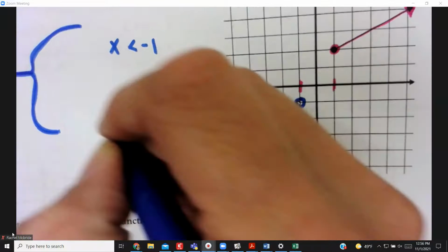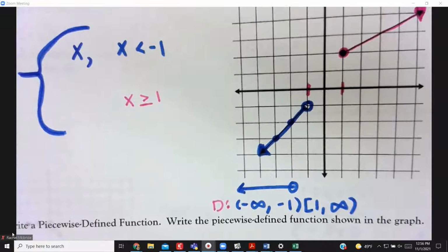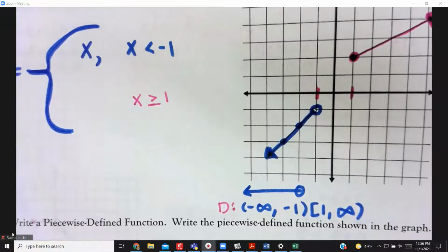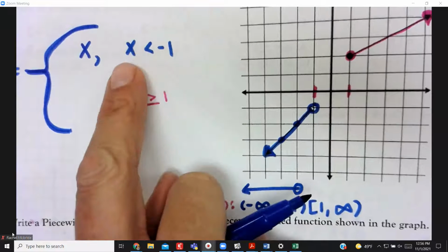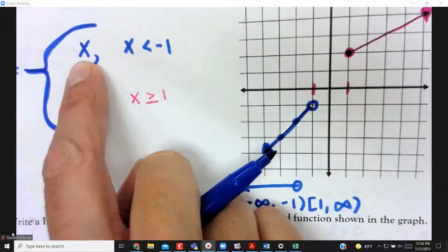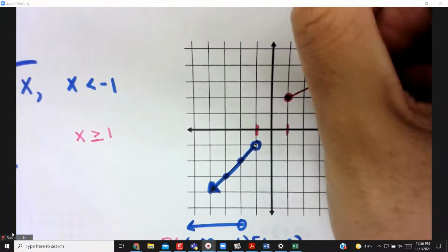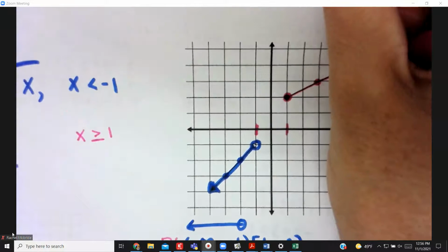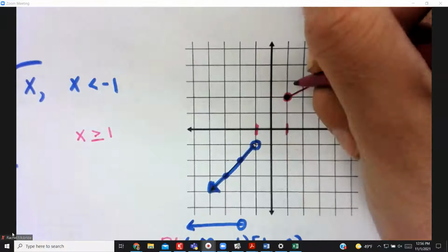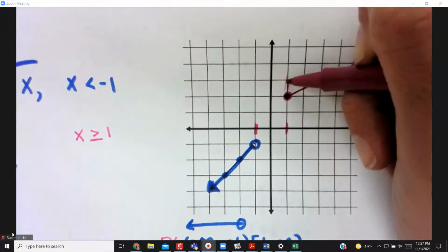So the equation of the blue line is x. So in our piecewise, we would write x, x less than -1. So what that means is any x value less than -1 plugs into the equation f of x equals x. The pink graph is going up 1 and over 2.